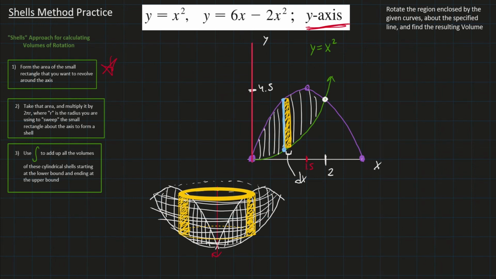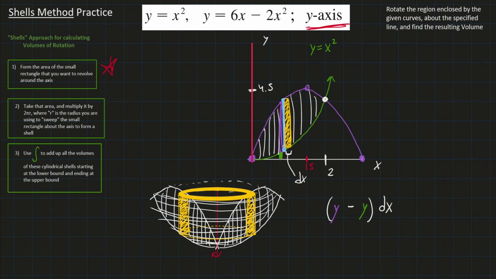This is where shells gets tricky, just like washers and discs got tricky. How do we form that blue length of that orange rectangle? Let's take the y-coordinate of this point and subtract off of it the y-coordinate of that green point. So, how do we get the length? Well, we take our purple y's and subtract off of it our green y's, and take this and multiply it by the width of a rectangle dx.